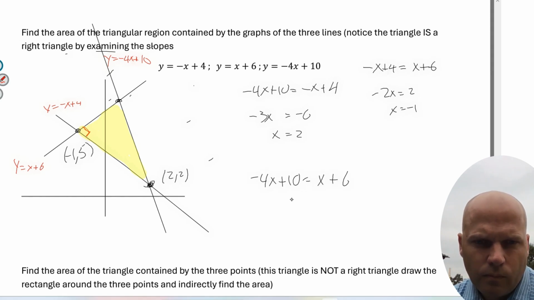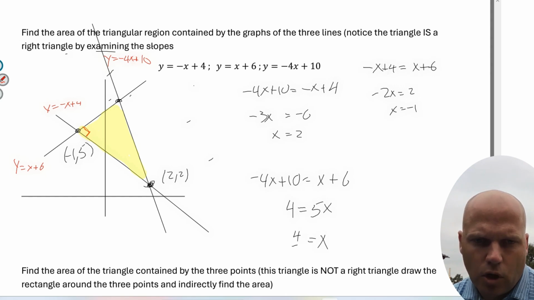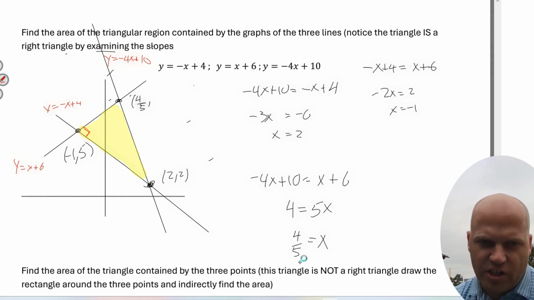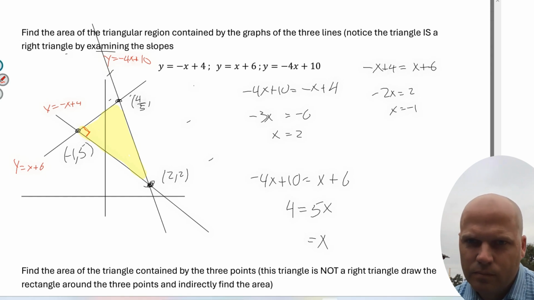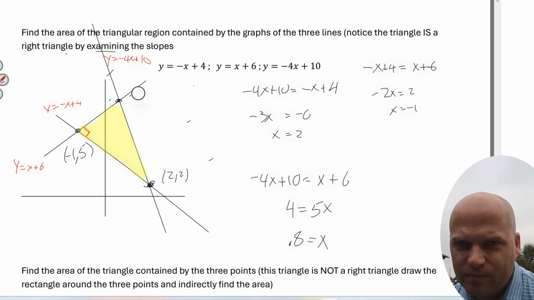Cool. Shoot. Darn. I did not intend that to happen. I wanted the numbers to be nice. But whatever. Why don't we just change it to 0.8? 0.8 and 6.8.